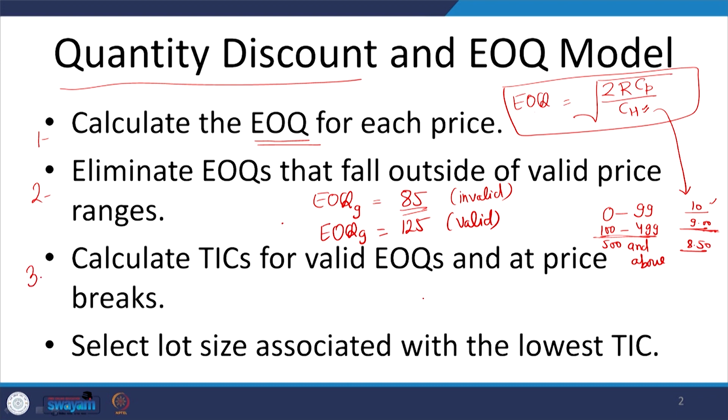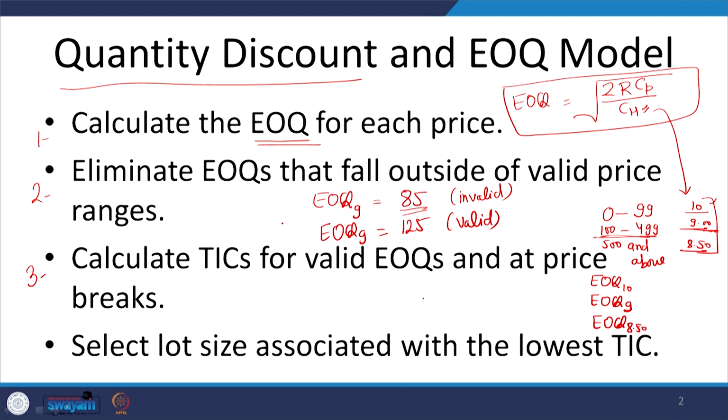The third stage of this calculation is to calculate total inventory cost for all valid EOQs and at price breaks. Now, it is possible that these three different price ranges are there: 10 rupees, 9 rupees, 8 rupees 50 paise. So, now the total calculations are: you have EOQ for 10 rupees, EOQ for 9 rupees, EOQ for 8.50.